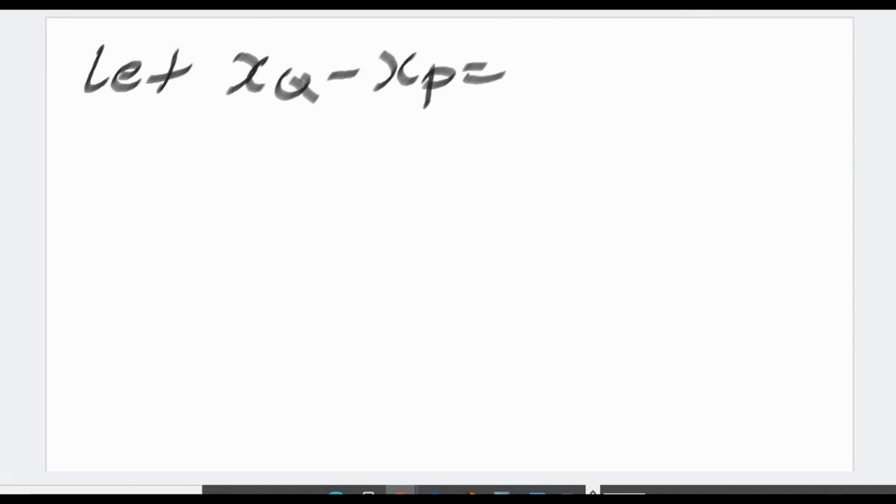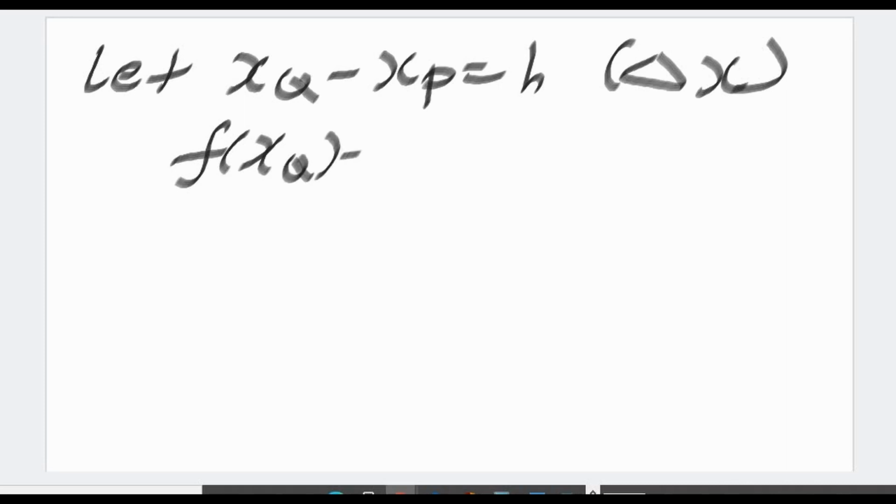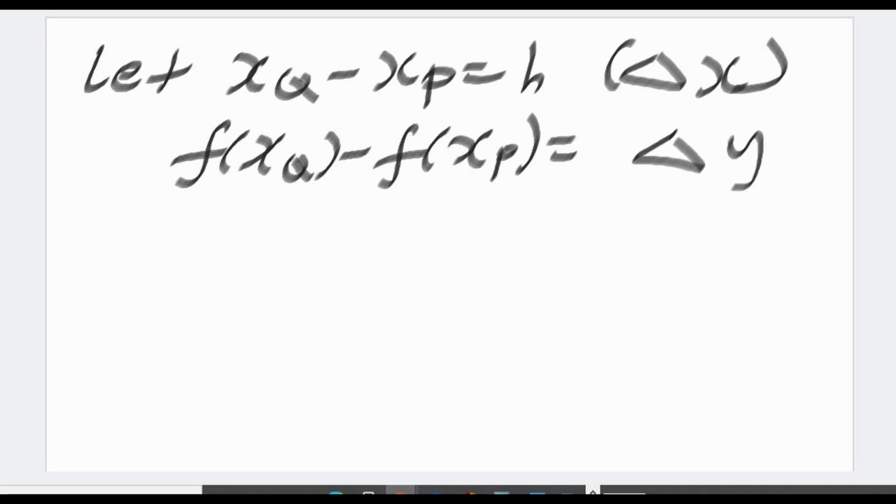First, let xq minus xp equal h. This is basically delta x. So that f of xq minus f of xp would equal delta y.